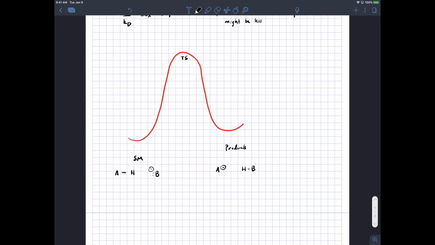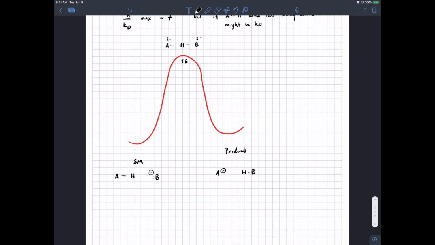All right? And let's suppose that the transition state looks like this, where the bonds are equally formed and broken, respectively.